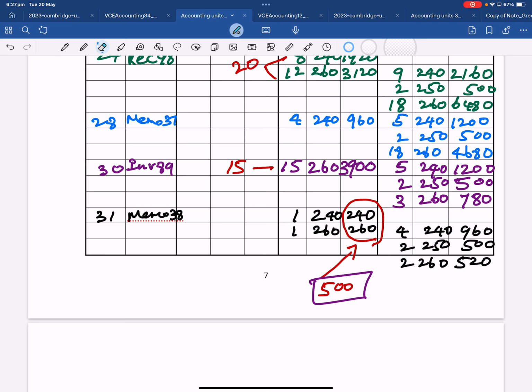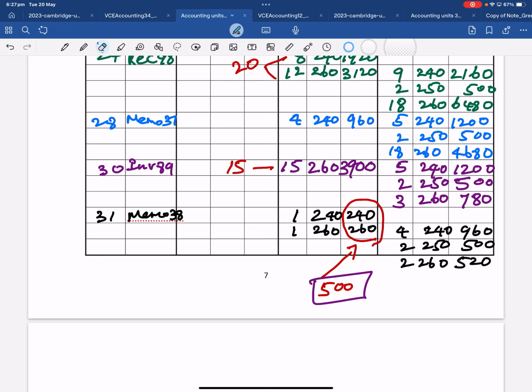If we had not taken the physical inventory take, then we would have recorded our inventory as 2,480. But now, this would be how much? 1,980. That means 500 lower.